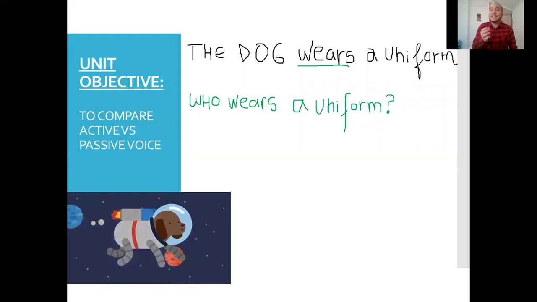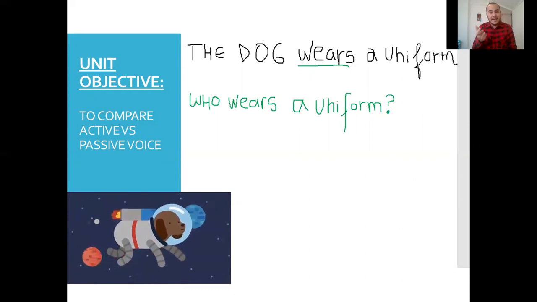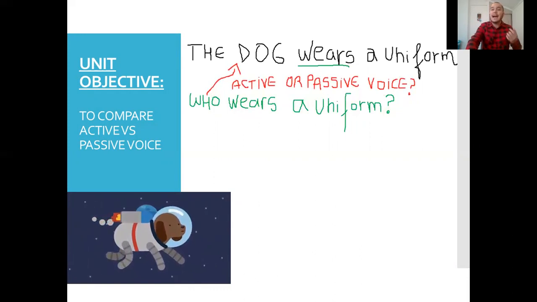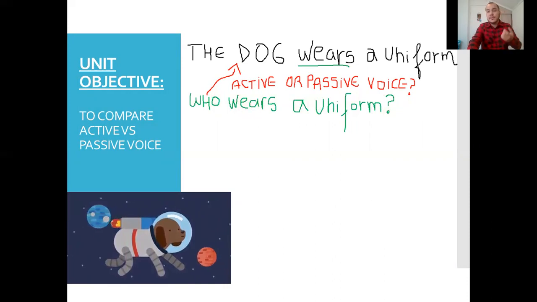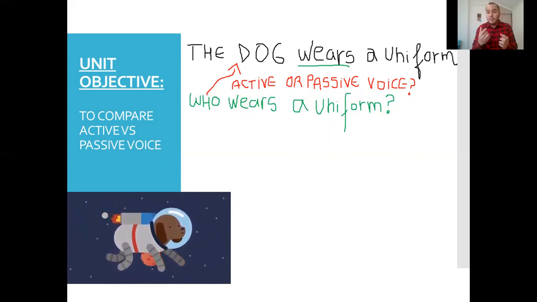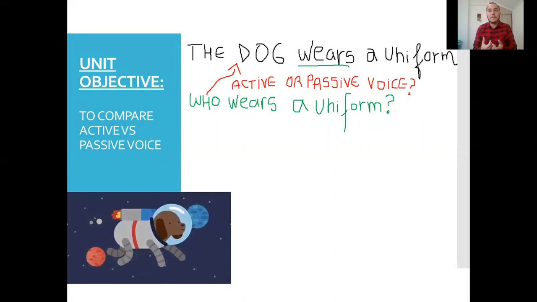Voice, in this case, is a synonym of a performer, the one who does the action. So again, the dog, in this case, is a synonym of active voice because it is the one who performs the action. Which action? Wears. What is the complement? The one who receives the action? The uniform in this case.